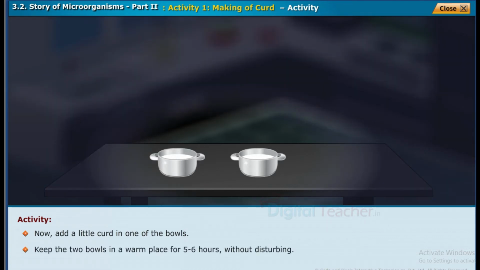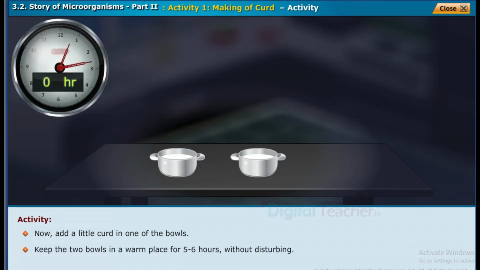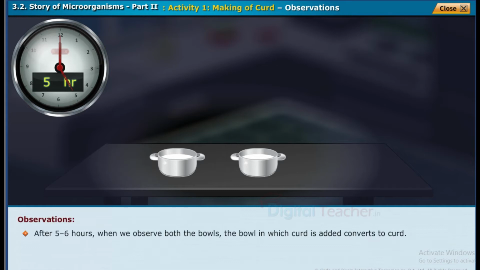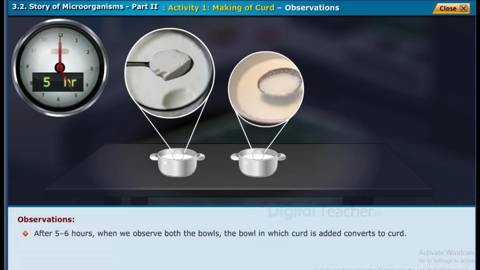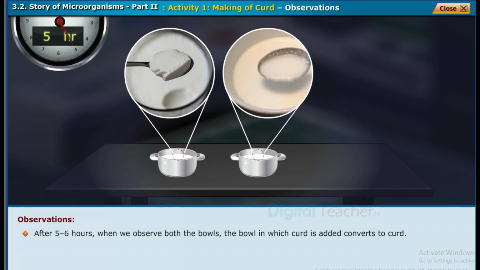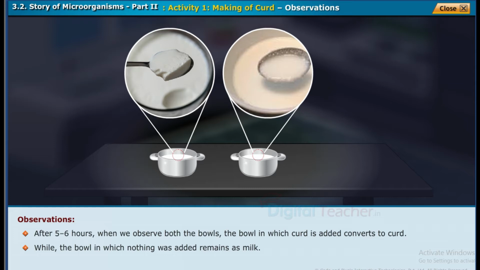Keep the 2 bowls in a warm place for 5 to 6 hours without disturbing. After 5 to 6 hours, when we observe both the bowls, the bowl in which curd is added converts to curd, while the bowl in which nothing was added remains as milk.